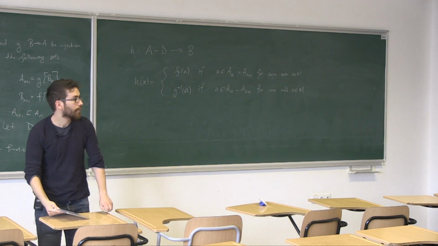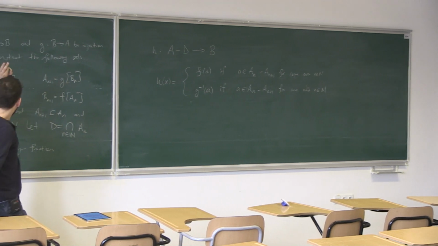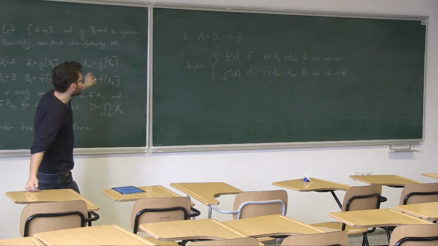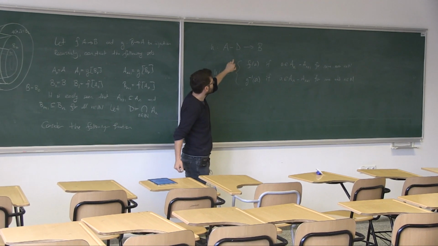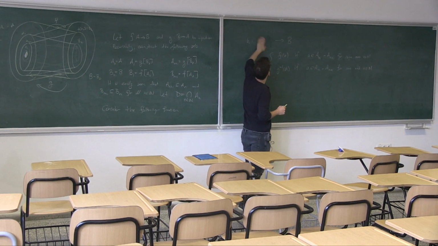Now, what am I doing? Let's try to understand how this function behaves. First of all, why is the domain of this function A minus D? Well, okay, I'm defining it like this, but never mind. Let me erase this for a second.